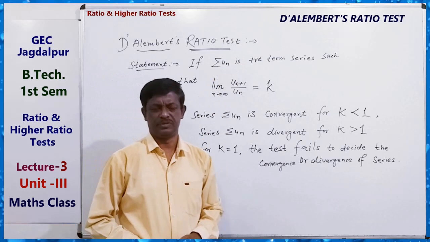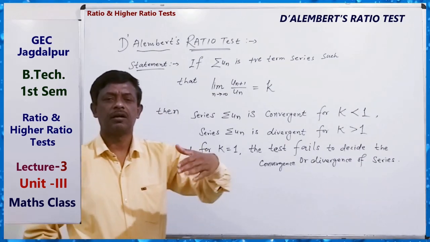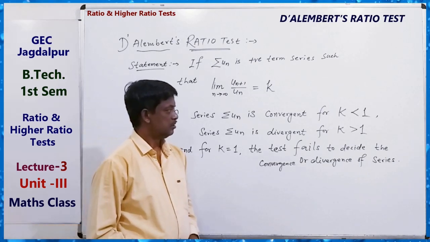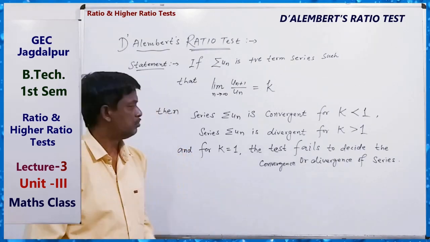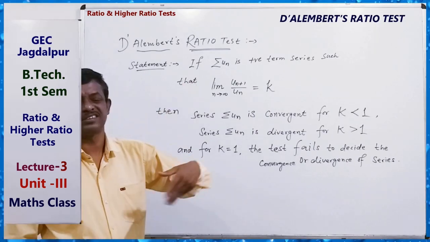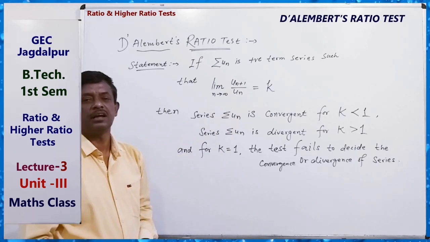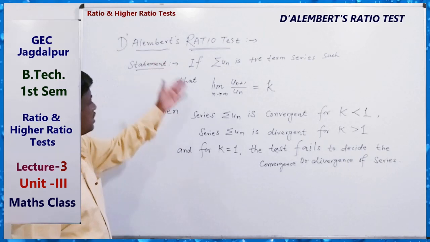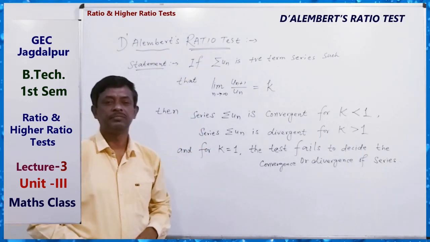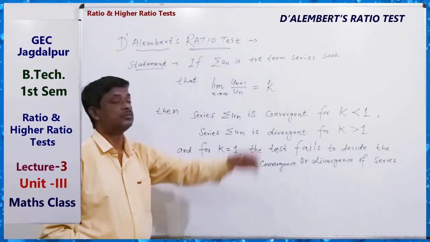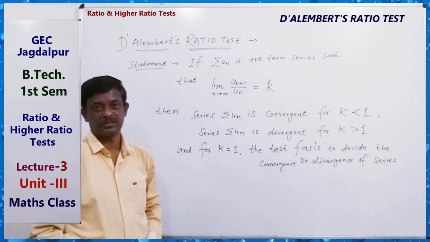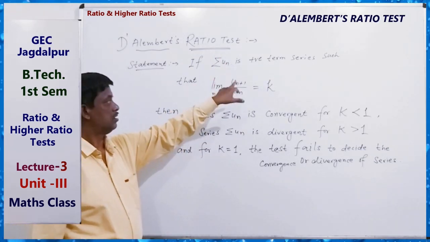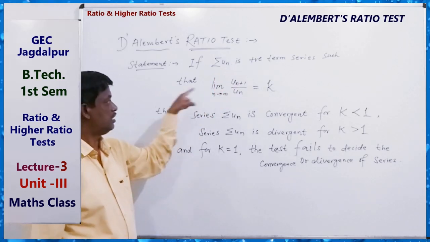It can be proved by using comparison of ratios. The proof is not so important here. For testing convergence or divergence of a particular series, we will use this statement according to D'Alembert's ratio test: find Un, then Un plus 1, find this ratio and its limit.